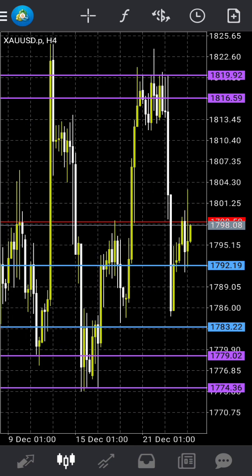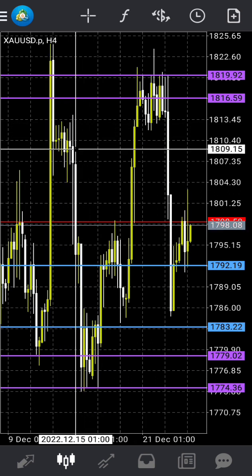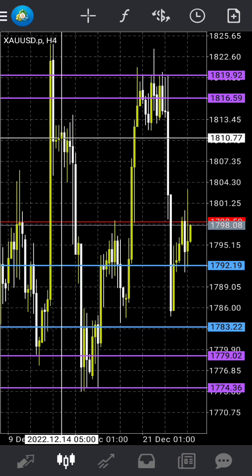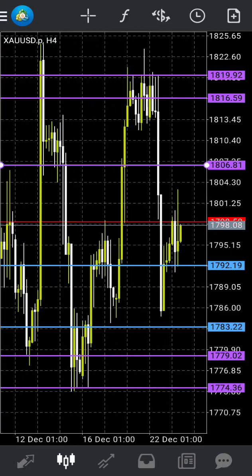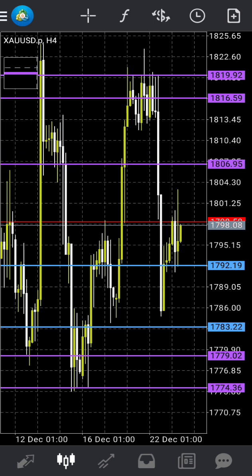If you want the sell zone to become a buy zone, or the buy zone to become a sell zone, you can use this zone. Okay, this is a sell zone.